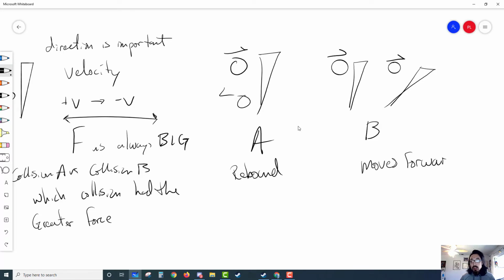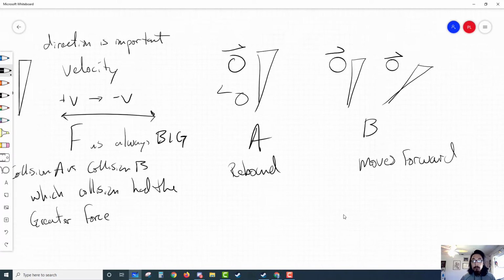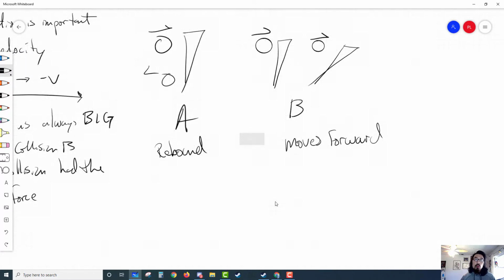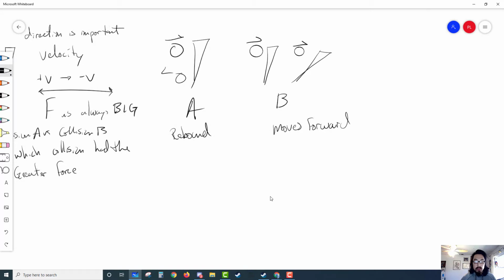And so if the question were to ever ask you, in which instance was the impulse the greatest, right? So in which case was the impulse greatest? That's also asking in which case was the force the greatest.